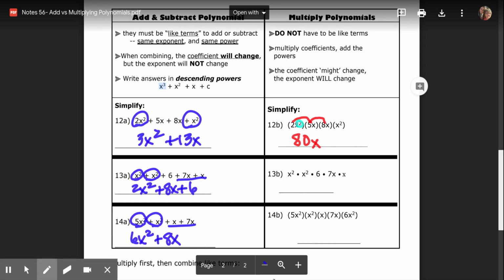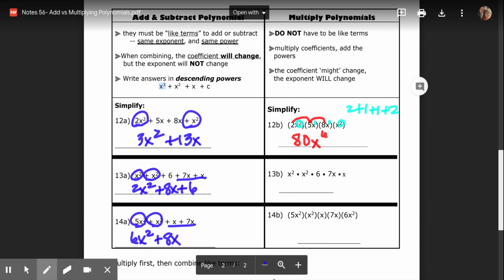Now, don't forget, this is understood to be a 1. So basically, we have 2 plus 1, another 1, and then plus the 2 right here. So we have 2 plus 1 is 3, plus 1 is 4, plus 2 is 6. So this would be 80x to the 6th power.